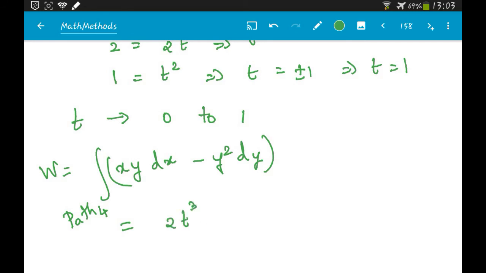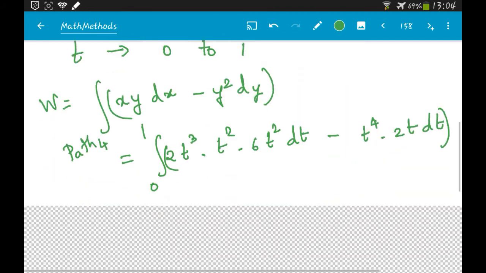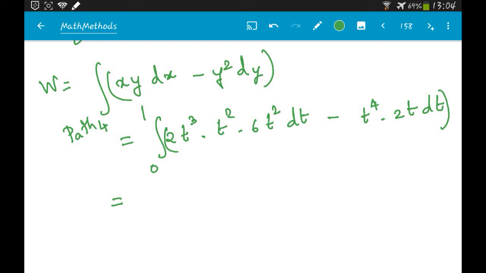So 2t cube into t square into 6t square dt minus t power 4 into 2t dt, and t goes from 0 to 1. Okay, so finally you are going to get 12t power 7 minus 2t power 5 dt from 0 to 1.